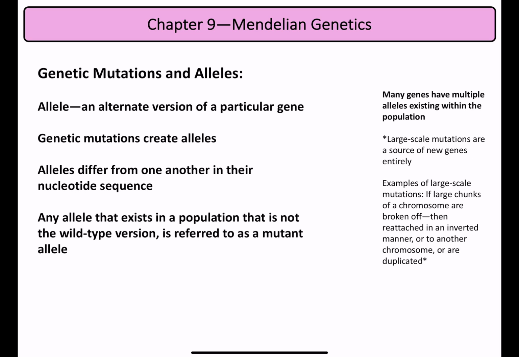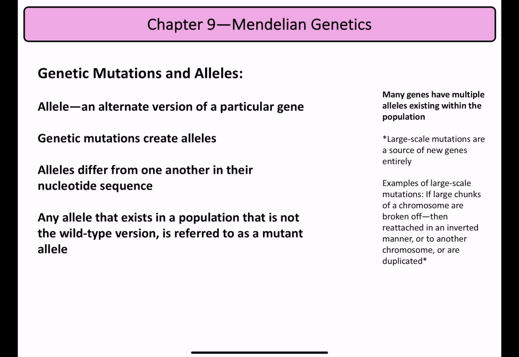So the wild type allele is the most common version of a gene. So what distinguishes one allele from another? Just their sequence. Sometimes it can just be one letter difference. Sometimes it can be a few, okay? But it's always a difference in their sequence of A's, G's, C's, and T's.